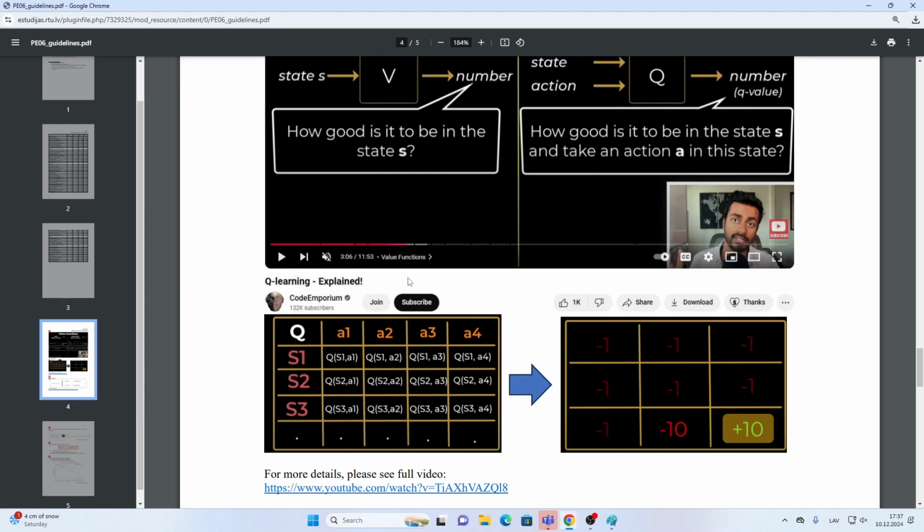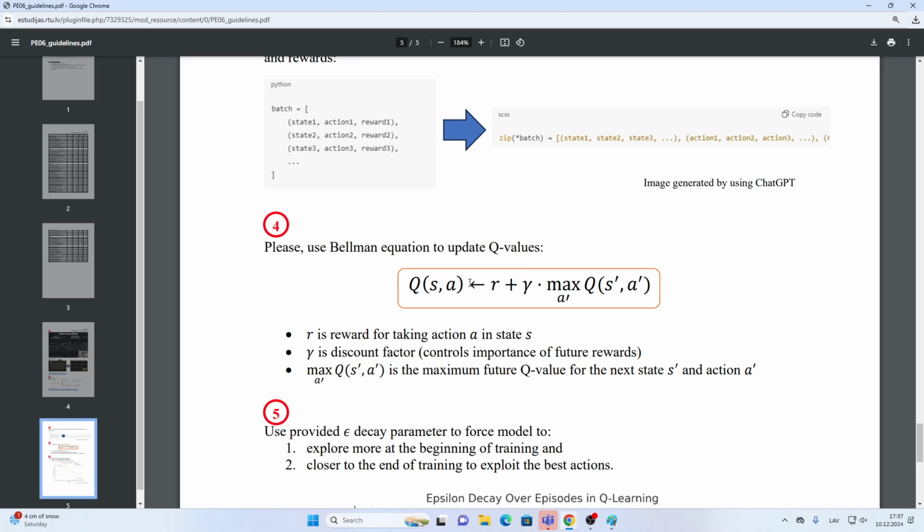And from that point, I will need to repeat this procedure again and study all the actions for every possible state to see what that can produce. This is called a Bellman equation, which you can use to calculate the next Q value if you already have one Q value. So you can say what is going to be your next Q value if you take the action A, or A1, or A2, or A3.